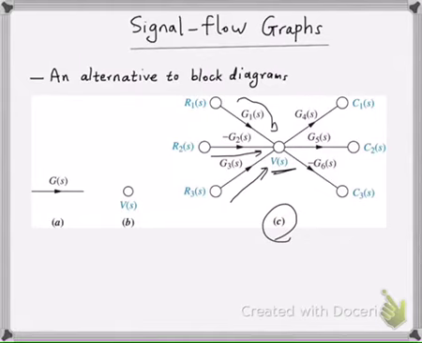And also we have a bunch of output signals. C1 is just G4 multiplied by V, C2 is equal to G5 multiplied by V, and C3 is equal to negative G6 multiplied by V.